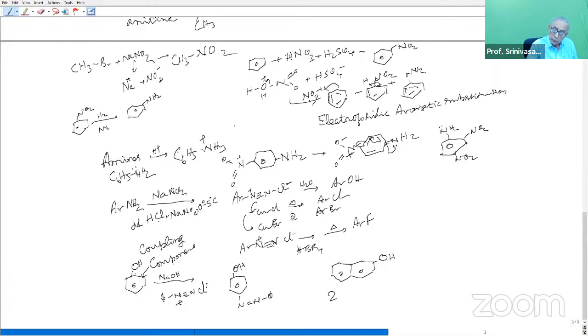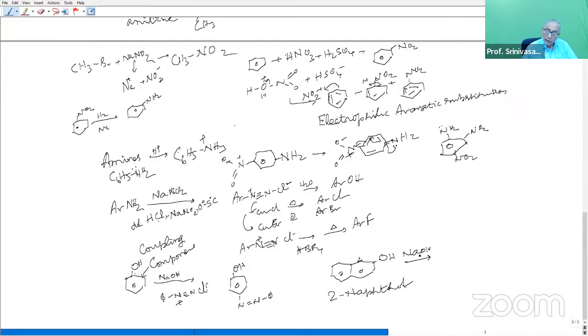This compound is called 2-naphthol. This is a reactive point, just like in phenol, we have the para position. In 2-naphthol, this is the reactive position, because it is reacted with sodium hydroxide and becomes more reactive, as it will form the sodium naphthoxide.